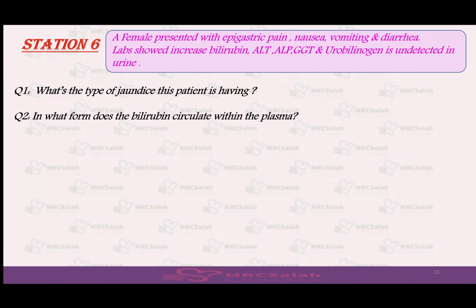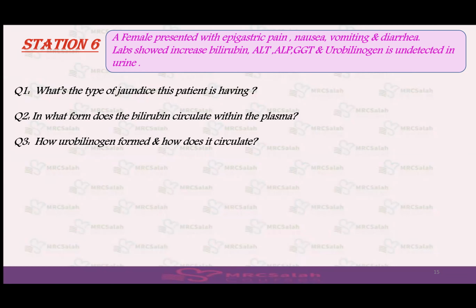In what form does the bilirubin circulate within the plasma? Circulating as free bilirubin or unconjugated. How is urobilinogen formed? Urobilinogen, sorry, it's a byproduct of bilirubin metabolism, and it's formed by the intestinal flora, and it's excreted in feces after oxidation into stercobilinogen, and some of it will be reabsorbed into portal circulation again.